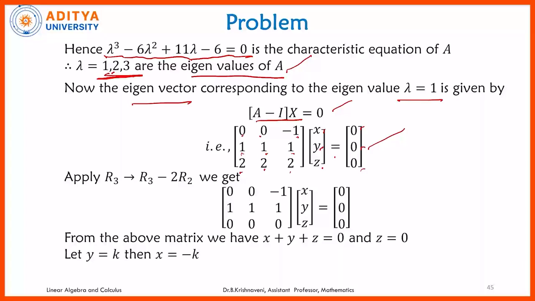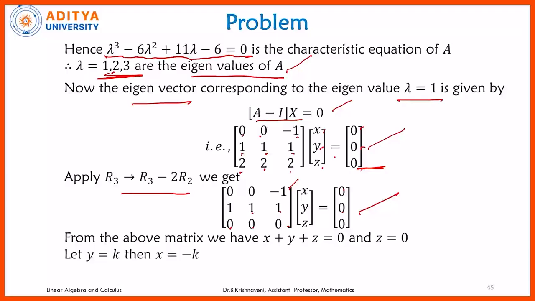Now we need to find the solution of this homogeneous system, and for that we apply the operation R3 goes to R3 minus R2. Then we get [0 0 -1; 1 1 1; 0 0 0] times [x, y, z] equal to [0, 0, 0].